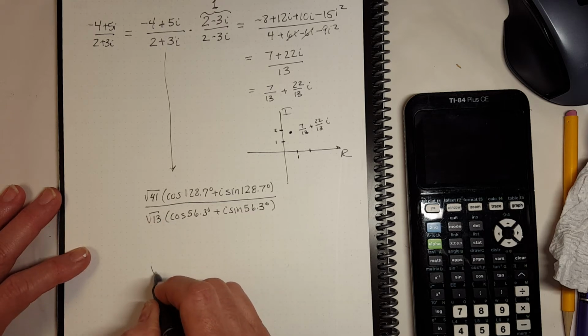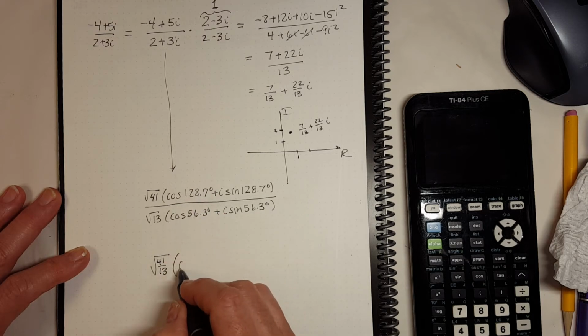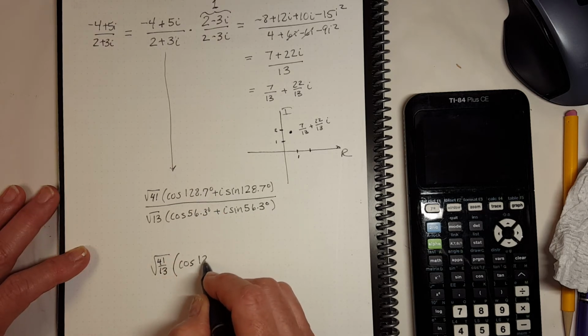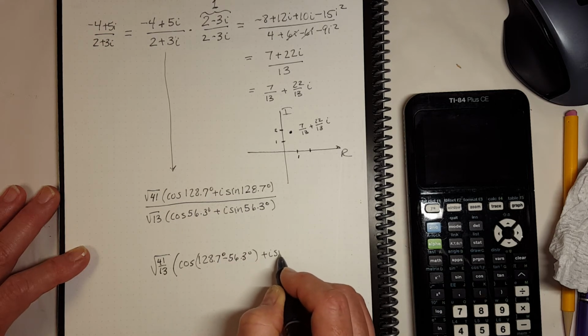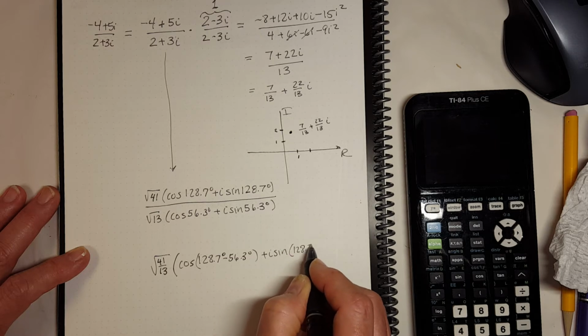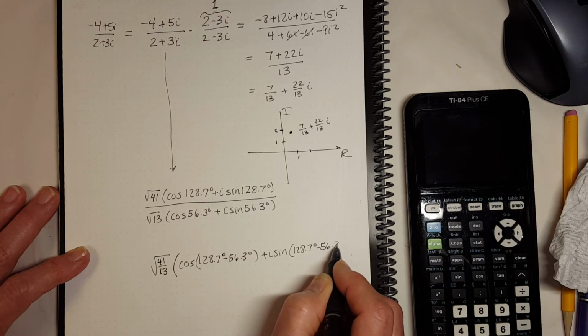So we would have the square root of 41 over 13, and then you subtract the angles, 128.7 degrees minus 56.3 degrees, plus i sine of 128.7 degrees minus 56.3 degrees.